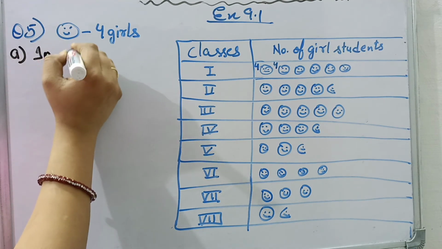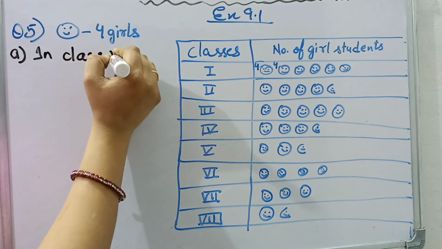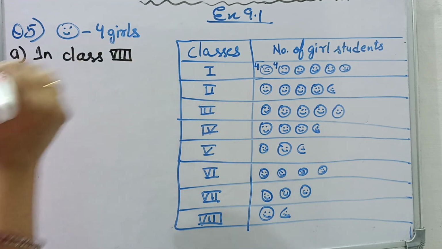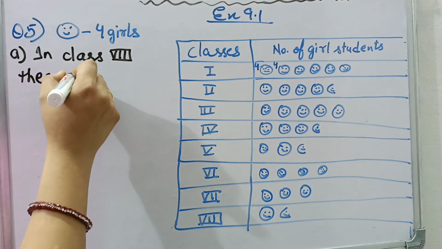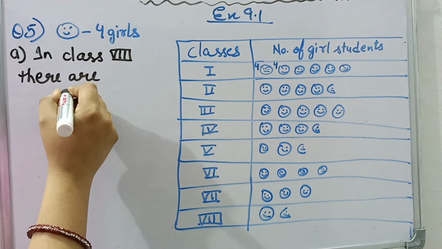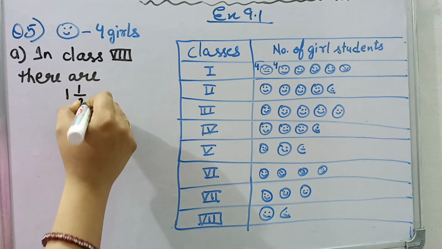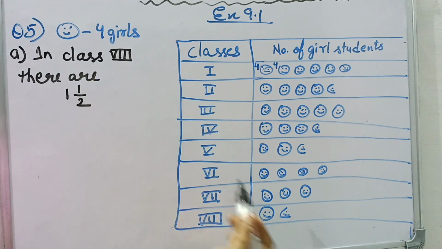So in class 8 there are 1.5. Now this 1.5 is for the drawing of faces. First is 1 and this is a half face.